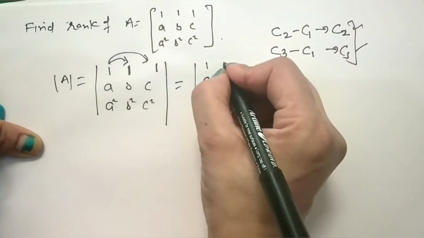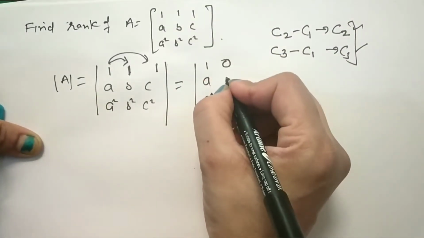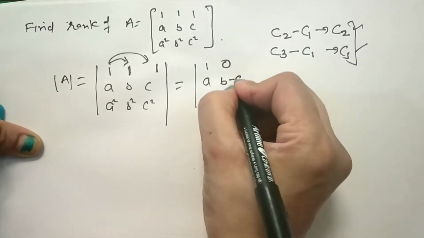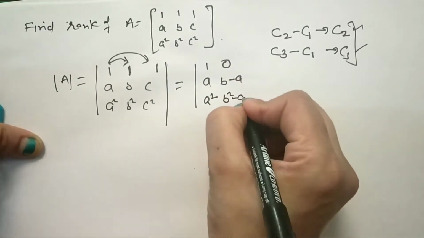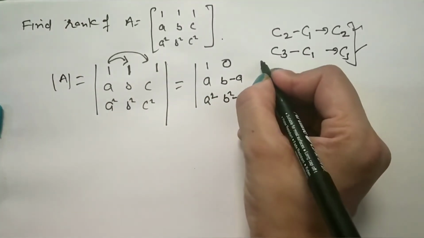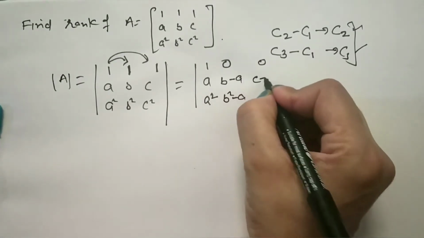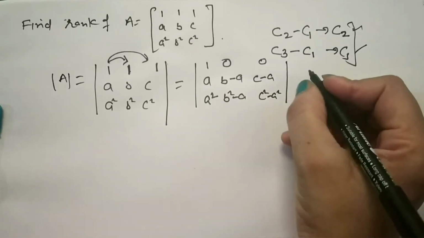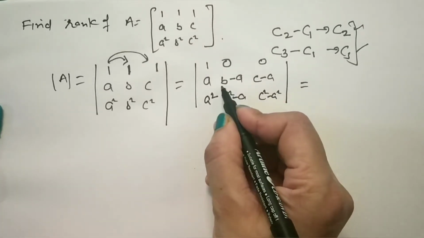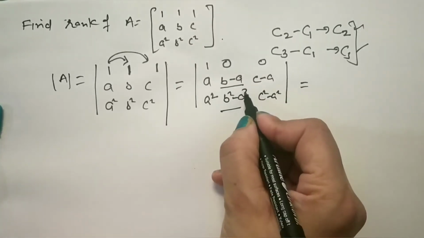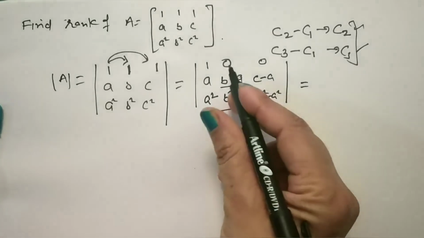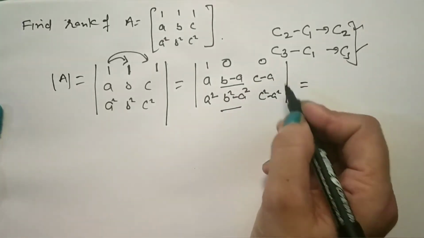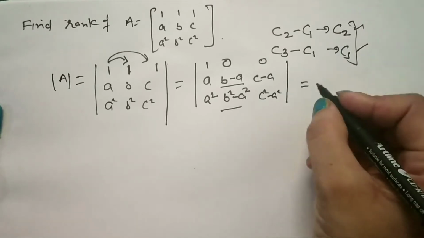After subtracting, it will be 0, then B minus A, B square minus A square, and again 0, C minus A, C square minus A square. Now you can take B minus A common from the second column, and C minus A common from the third column.